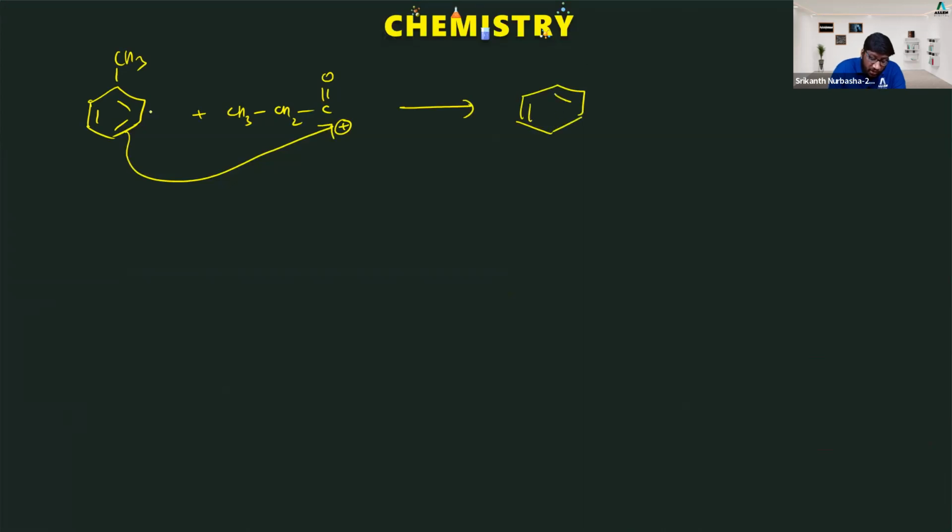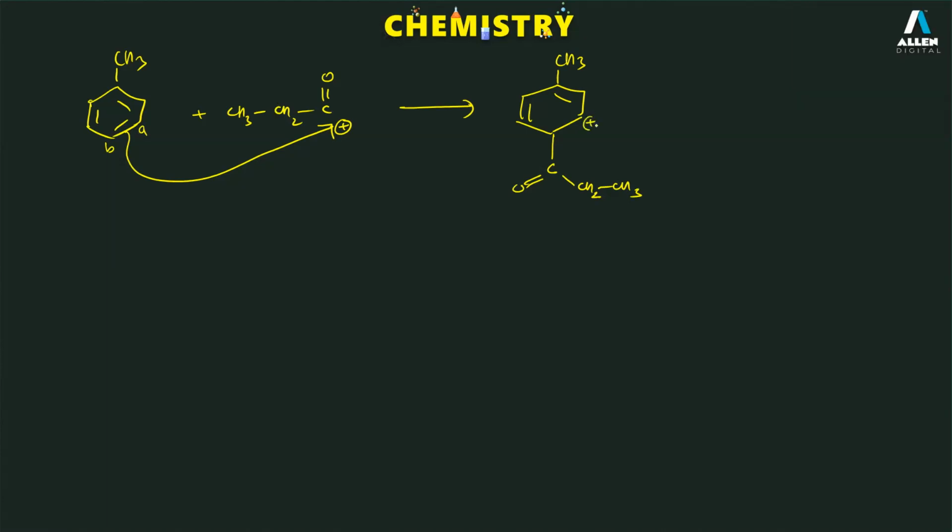If the para position attacks, can I say this is A carbon, B carbon? Which carbon will get positive charge? If the electron density present between A and B is attacking through B, which carbon should get a positive charge? Obviously the other carbon A. That should be getting positive charge, because from that the electron density is lost.